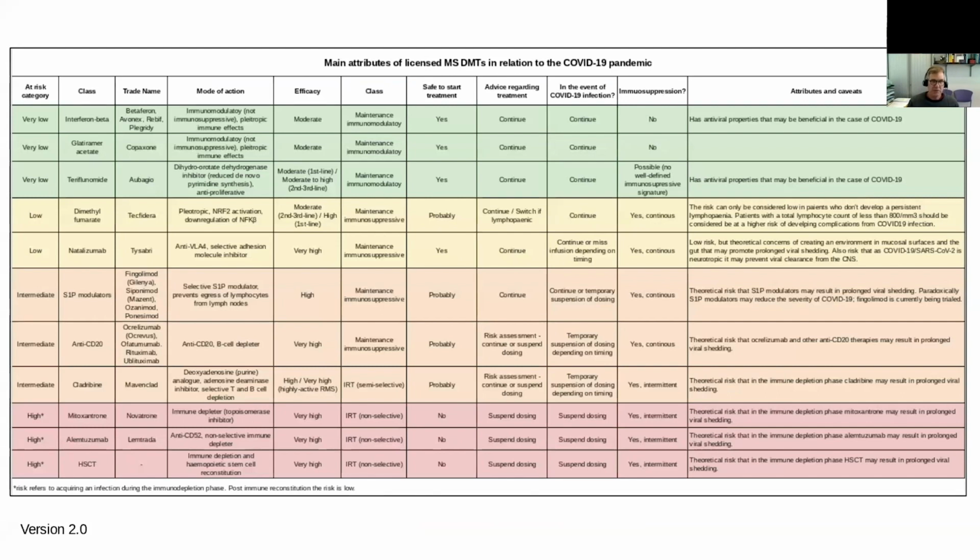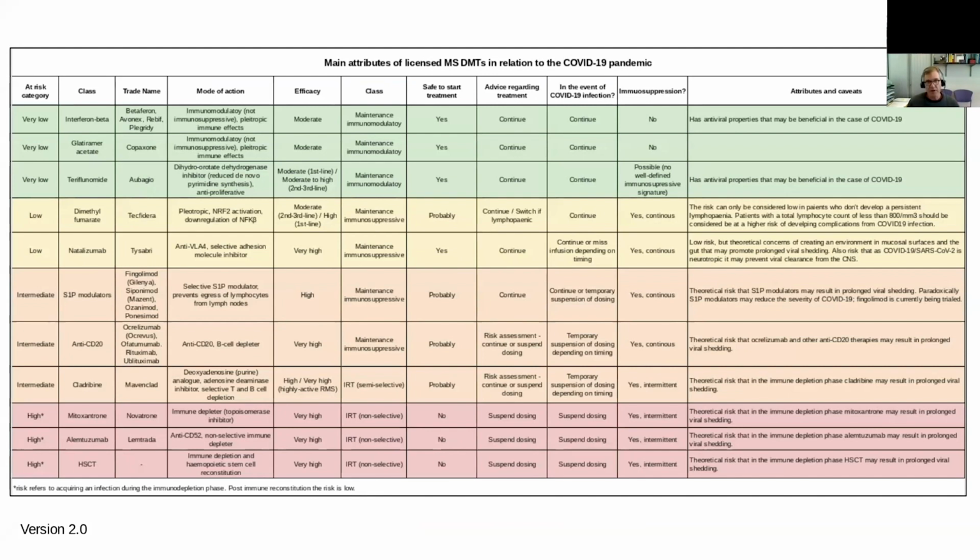I put this table out, which was published in MSARD, dividing up the agents into 4 categories based on subtleties. My personal opinion, in terms of immune function and lymphocyte counts, is that interferon, glatiramer, and teriflunomide are safe. I've put dimethyl fumarate and natalizumab there.